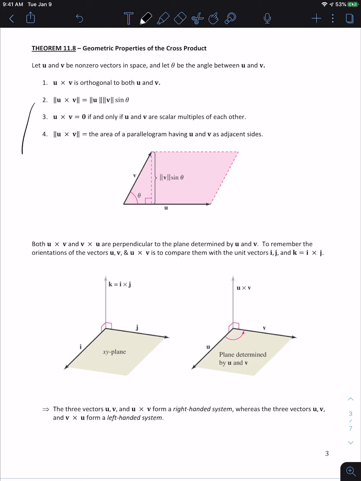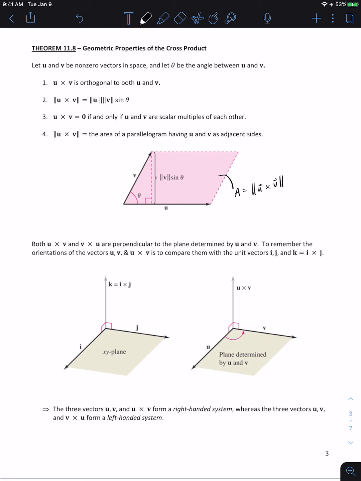And this property too comes from looking at this parallelogram, and that's also what property 4 tells us. It says that the magnitude of u cross v is the area of the parallelogram having u and v as adjacent sides. So in other words, this pink parallelogram, if I were to find the area of that, it's equal to the magnitude of u cross v.